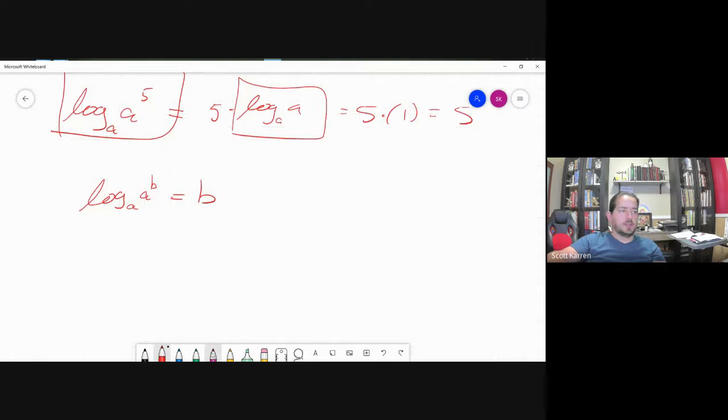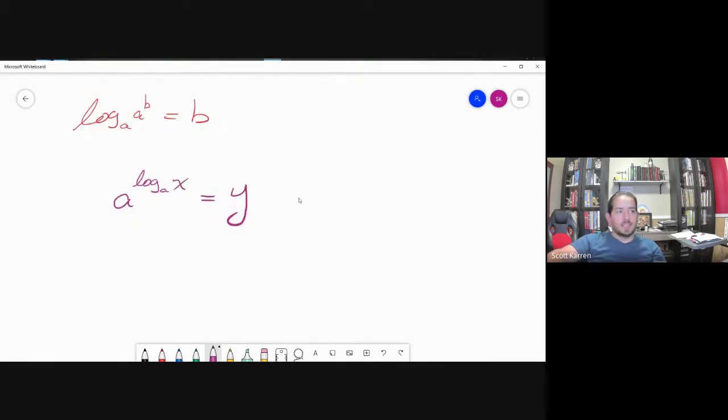Likewise, on a similar note, if I have a raised to the log base a of x, what does that equal? Well, I don't know. Let's call this y for now and figure it out. I want to figure out what y is. But to do that, I'm going to rewrite this as a logarithm. Think of this as a to the b equals y for a moment.